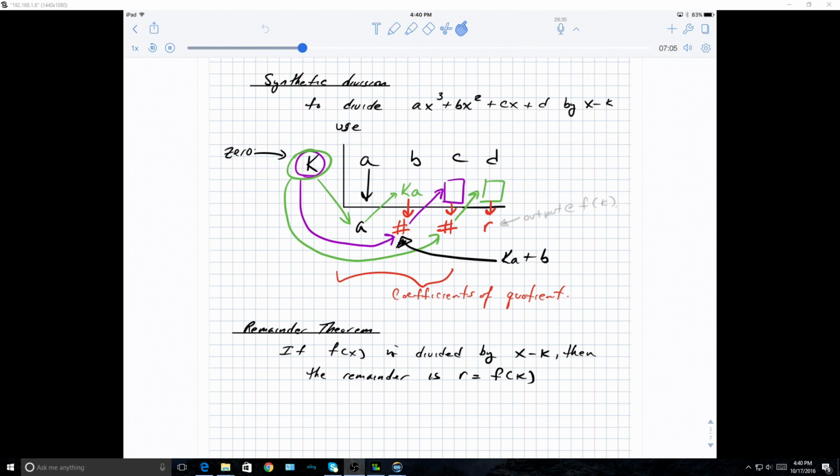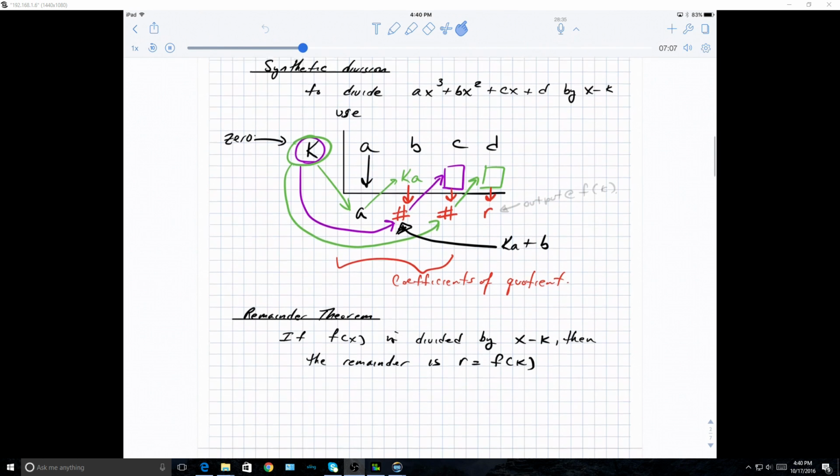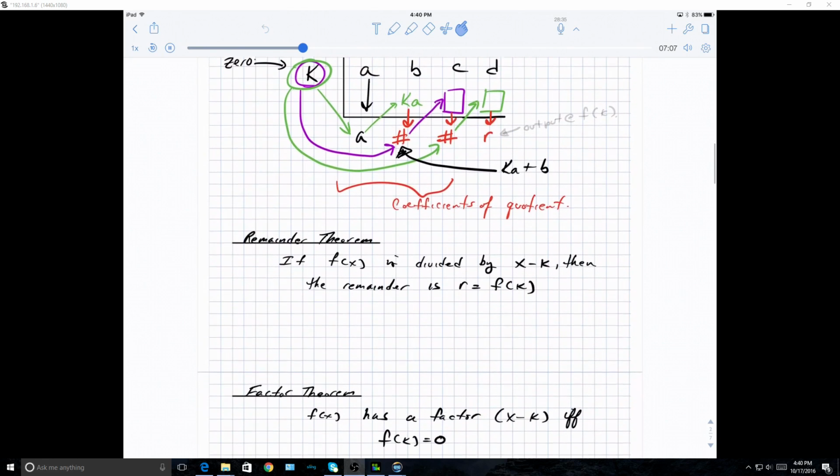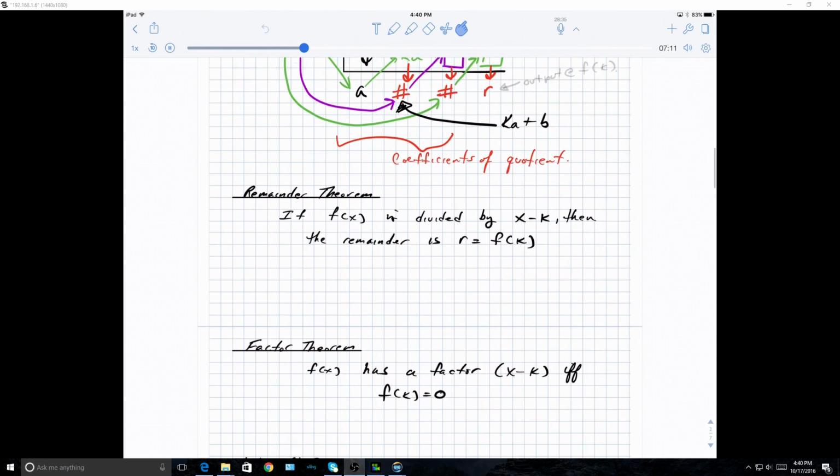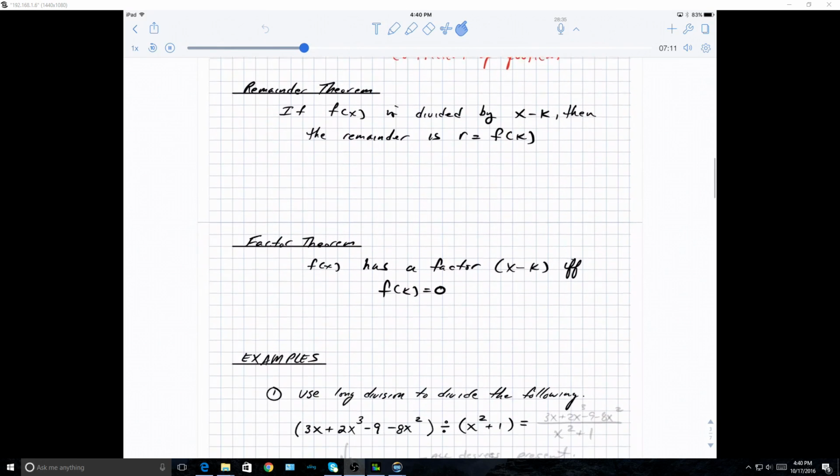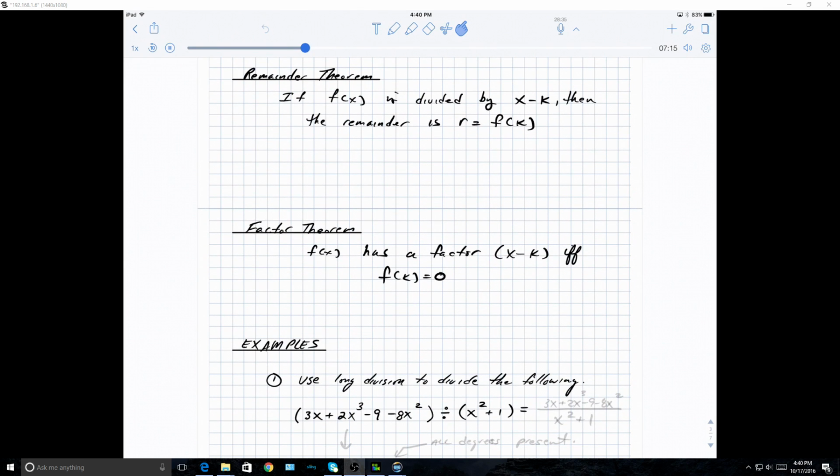All right. So the remainder theorem is great because it states that if the function f of x is divided by the factor x minus k, then the remainder is r equals f of k. We'll look at that in a specific example, but it's really nice because not only can we generate the zeros, but we'll also be able to generate one single solitary point.